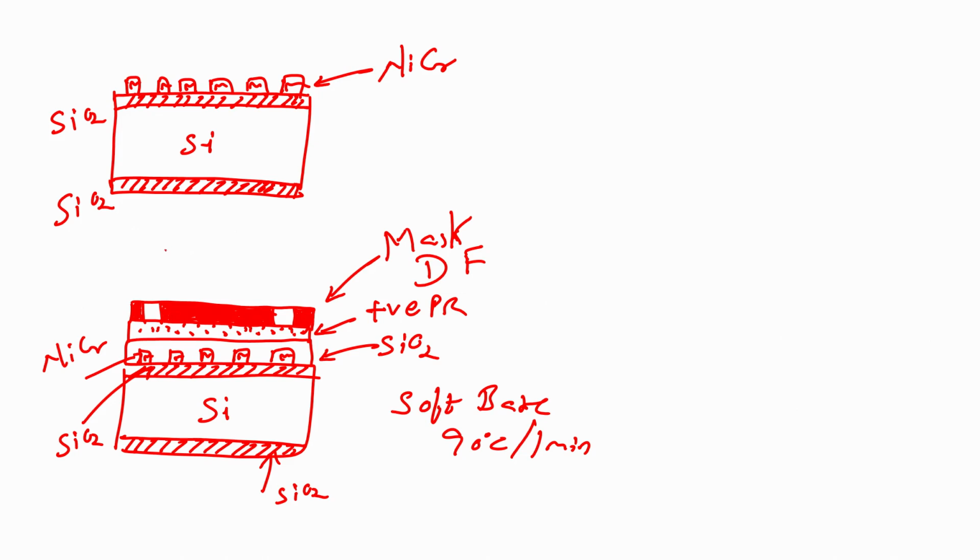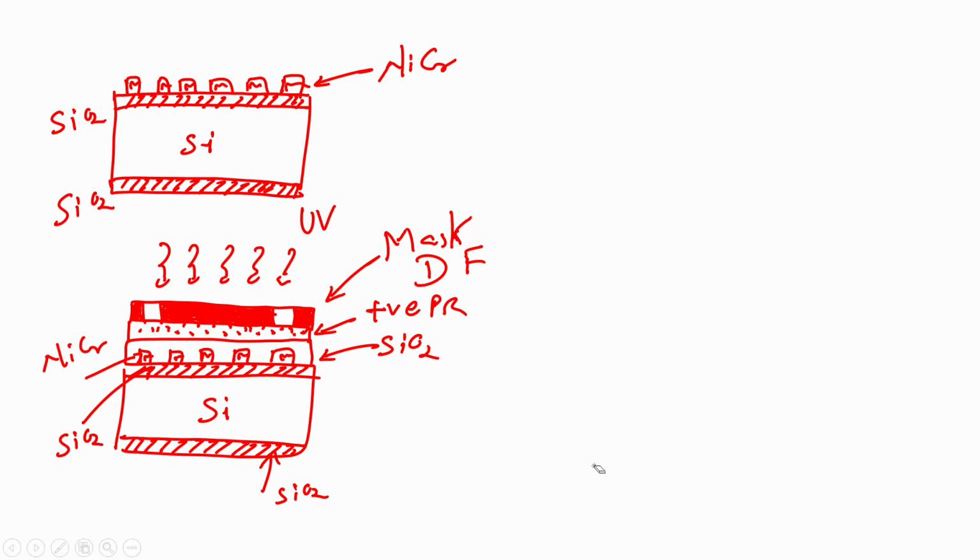Next step is I will expose this wafer with UV light. After exposing, I have to develop the wafer using photoresist developer.